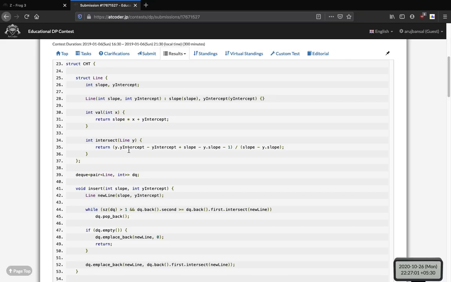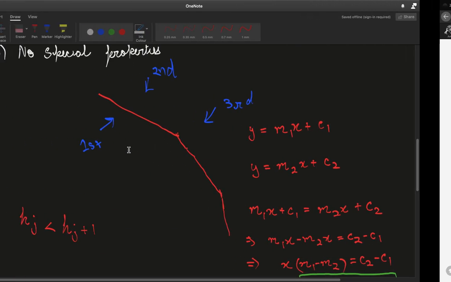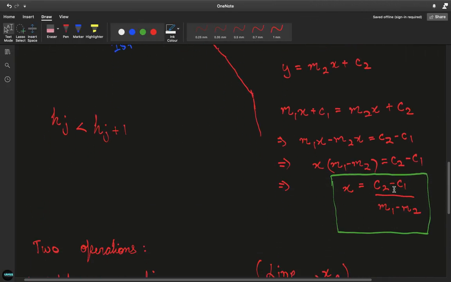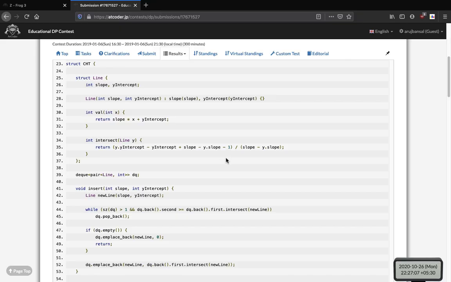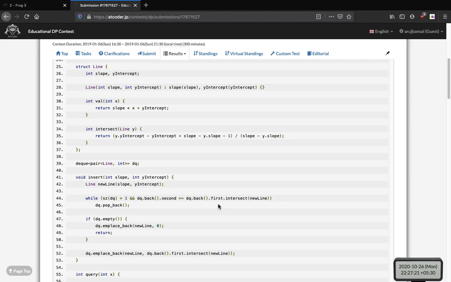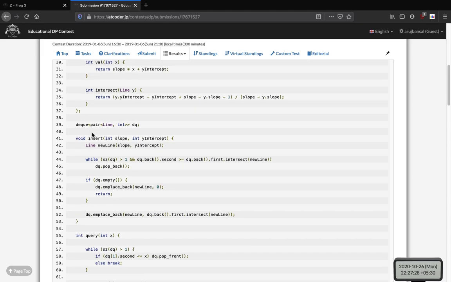Now this intersect function is basically what I showed you over here. It's the same formula. We find when two lines intersect, and we take their ceiling, since our x values are in increasing order, which is just what this trick does over here. So this function finds the point at which two lines intersect.